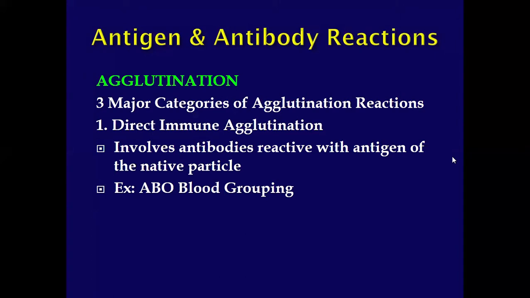Okay? So it's through the use of the typing sera. If there is a reaction with the blue typing sera, clumping of the red blood cells, then the patient is labeled as type A. If there is clumping in the yellow anti-sera, then the patient will be labeled as type B. And if there is clumping in both anti-sera, then type AB.